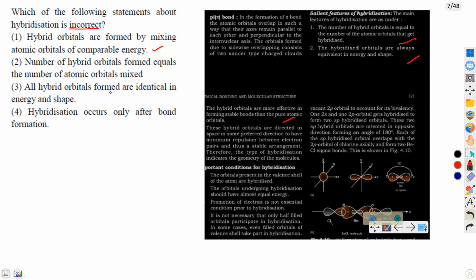All hybrid orbitals formed are identical in energy and shape: this is also correct. Incorrect statement: hybridization occurs only after bond formation. It is not after bond formation; it occurs before or during bond formation.